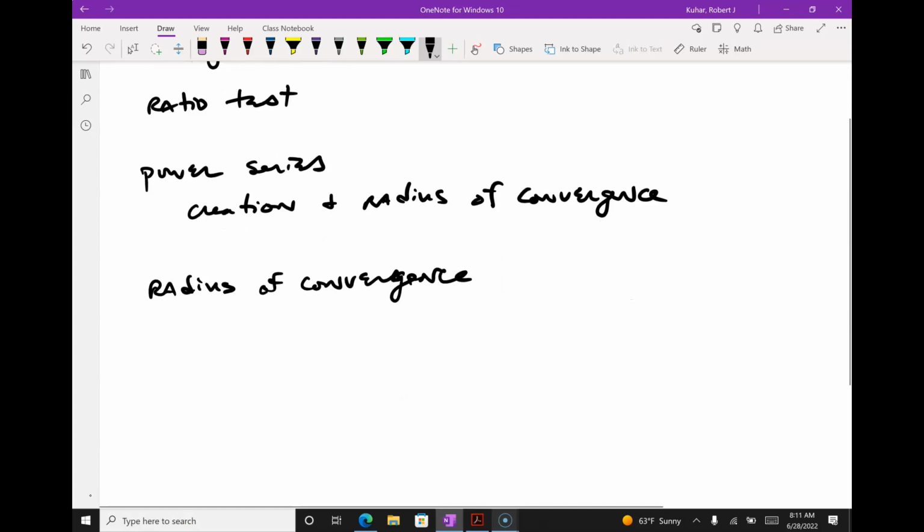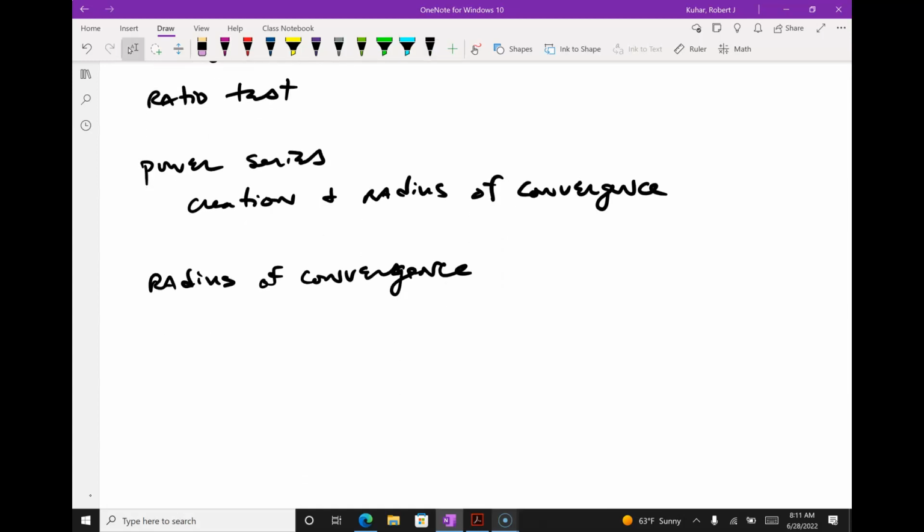Right? There's three possibilities. Either the radius could be 0, okay? The radius is 0. The radius is infinite.